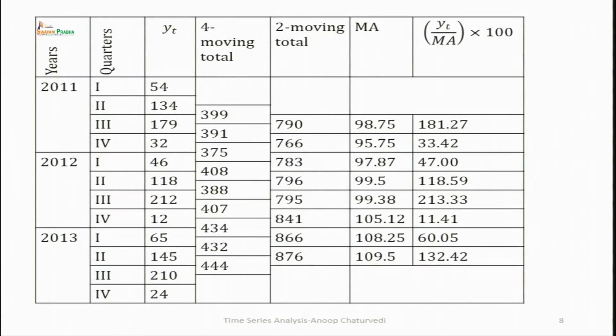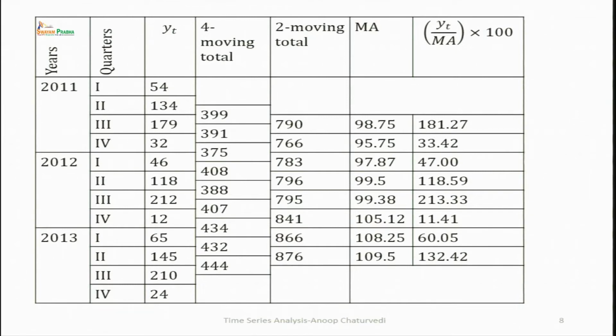Now, we arrange the observations according to different years and different quarters. So, you have observations for year 2011, and here you take different quarters, then 2012 different quarters, and so on. And these are the observations.